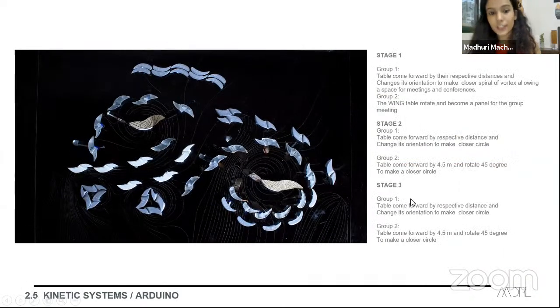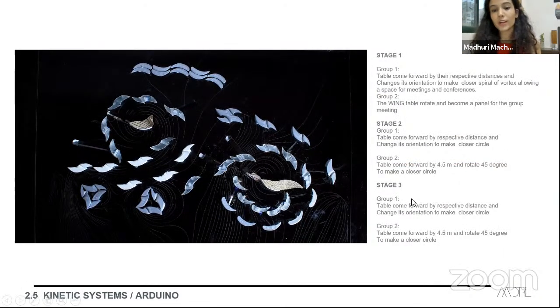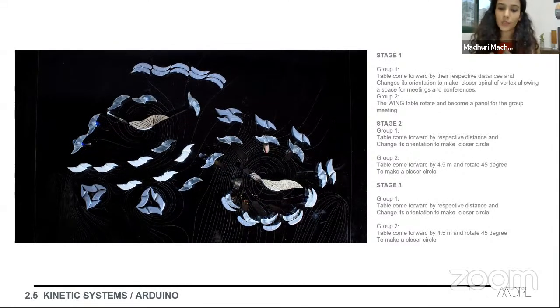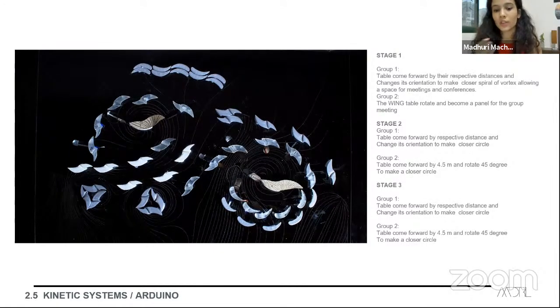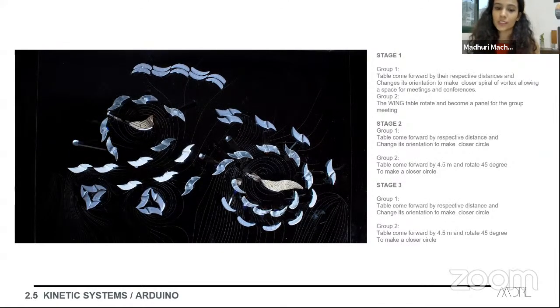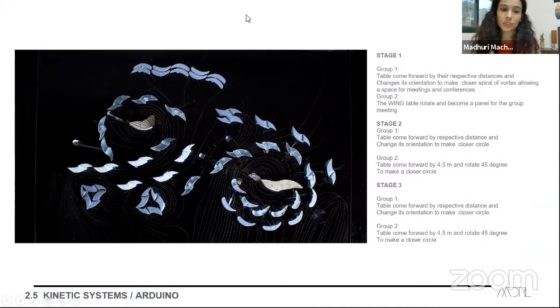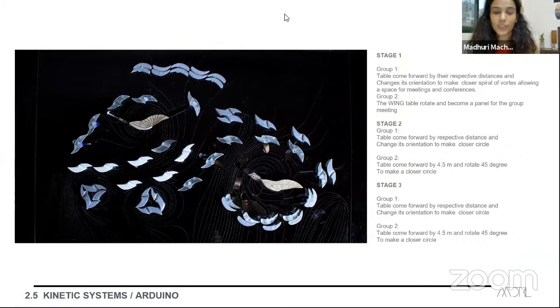For example, here, the model is already coded, and it's all calculated in an optimized way where the furniture travels 2.2 meters with a 45-degree angle rotation, and the panel lifts up based on the curving pattern, which we already discussed before.